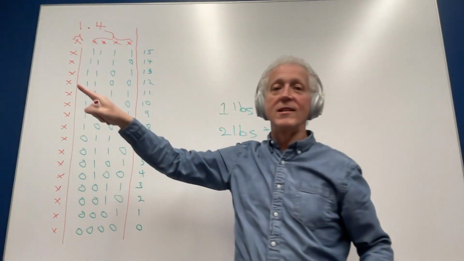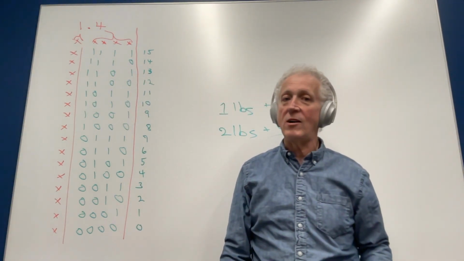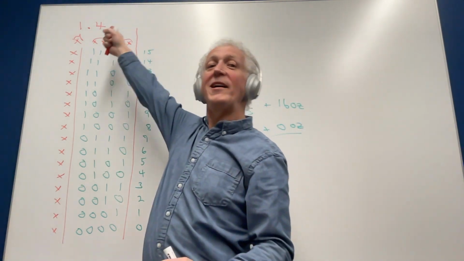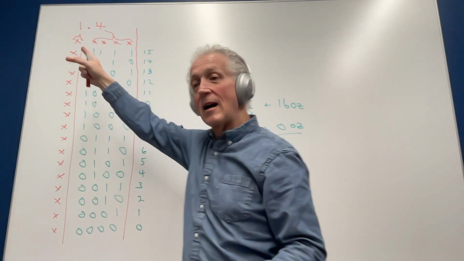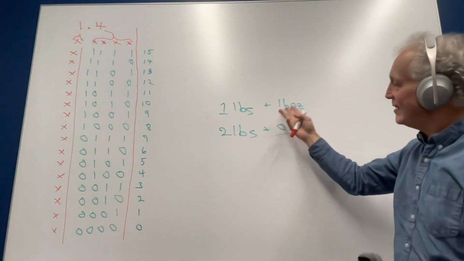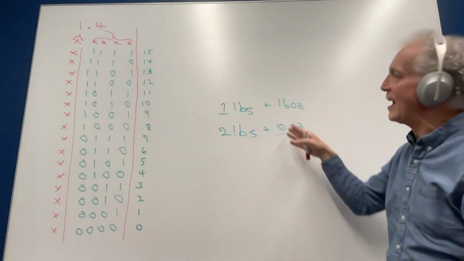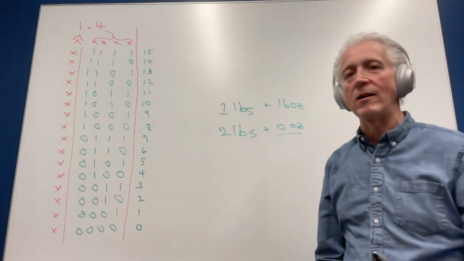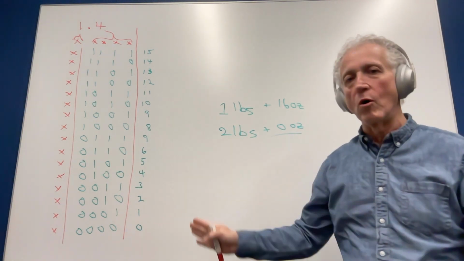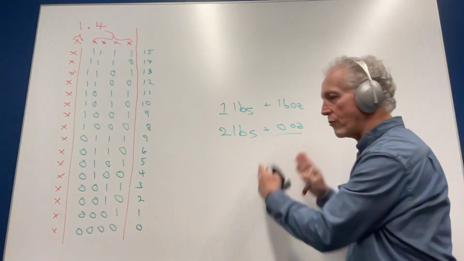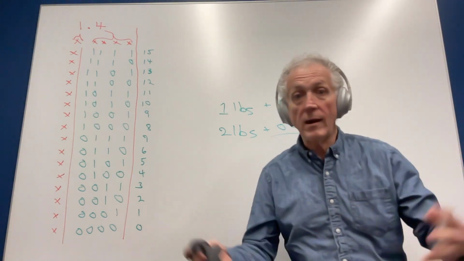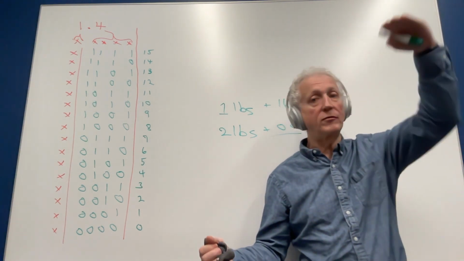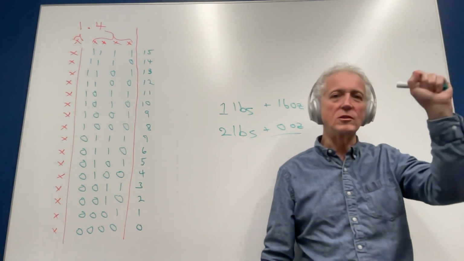You never reach that value. You can only get up to 15. You can't quite get to 1. I mean, yes, I can say 16 ounces is actually another pound, but no, we added another bit. We went up higher on the whole number portion. But as far as the fractional portion, if there are 16 possible values, you're going to go from 0 to 15. You're never going to reach actually 16.